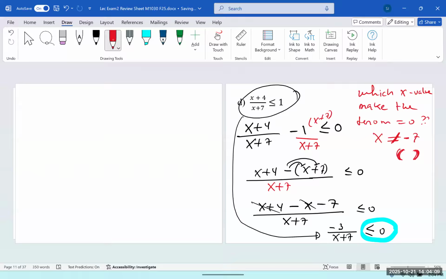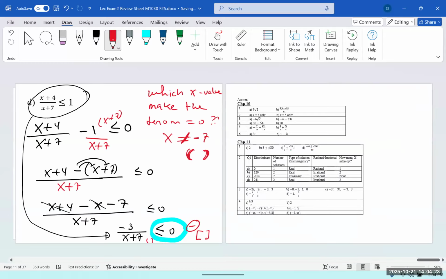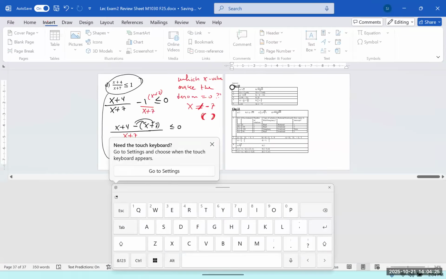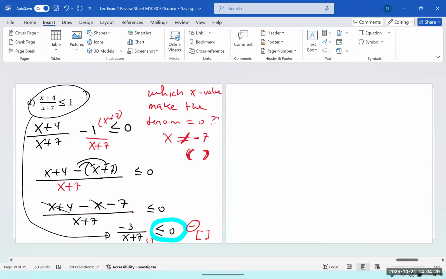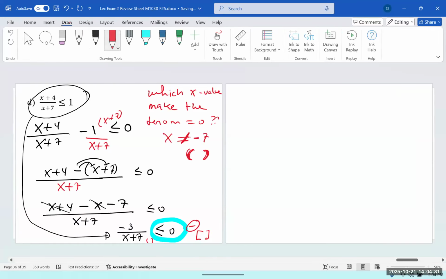Less than 0 means negative. Negative or 0. So you're going to have a bracket for the numerator. And if the answer is negative 7, it will have parentheses. Unfortunately, we don't have a numerator, right? There is no x. So we're going to have only the denominator.